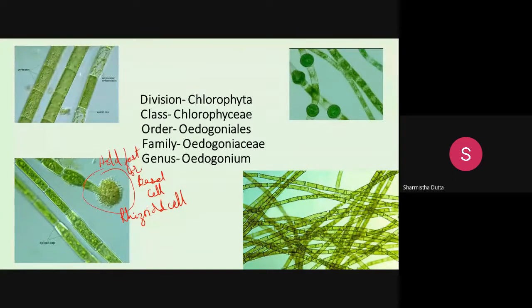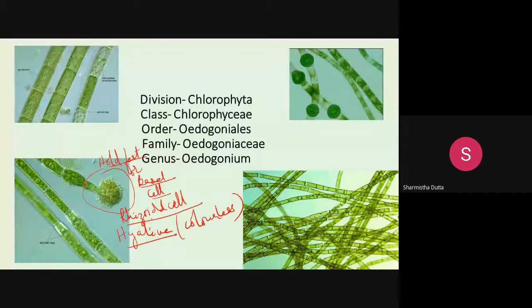This is a very delicate plant where the thallus shows cylindrical cells, except the basal cell, the holdfast or rhizoidal cell. Now, this is hyaline in nature. What is hyaline? It is colorless. Yes, very good.